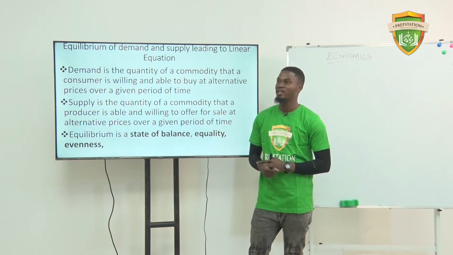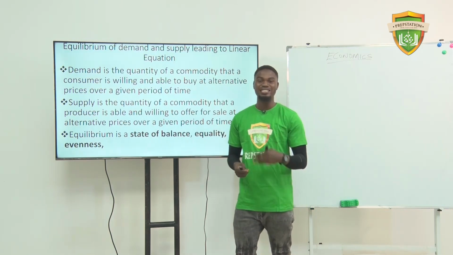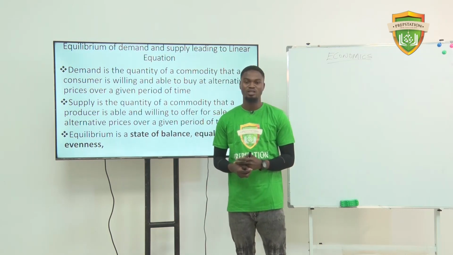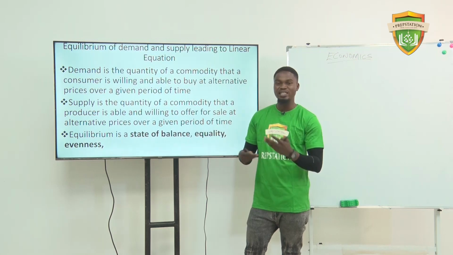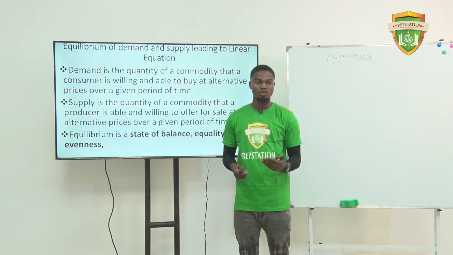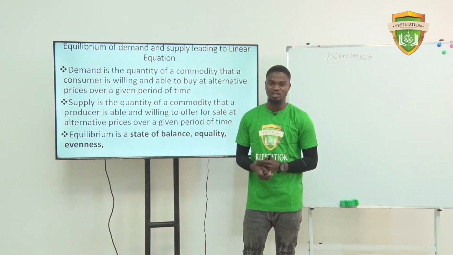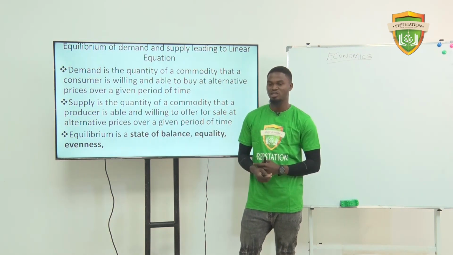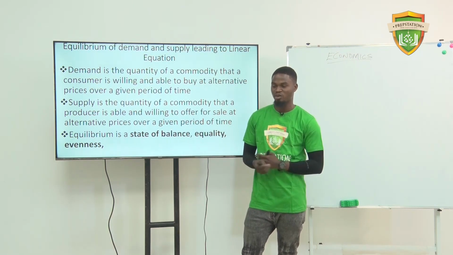Simply put, I can define demand as a want backed up by the desire to pay for it. Supply is the willingness of a producer, a supplier, or a seller to offer a particular quantity of a commodity up for sale. That differentiates between demand and supply.